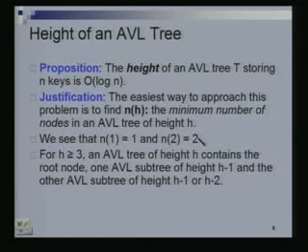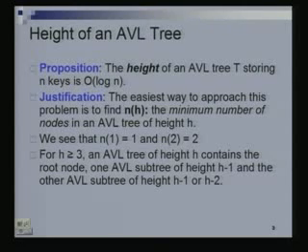So suppose I have an AVL tree of height 3 or more. Suppose the AVL tree has height h. It will contain one root node. It will have an AVL tree of height h minus 1 on one side and an AVL tree of height h minus 2 on the other side. Why h minus 1 and why h minus 2?